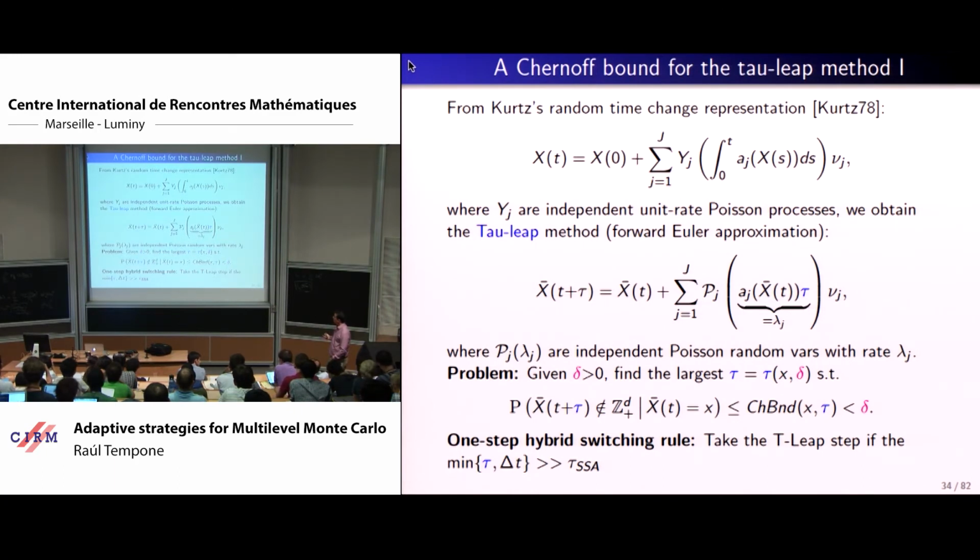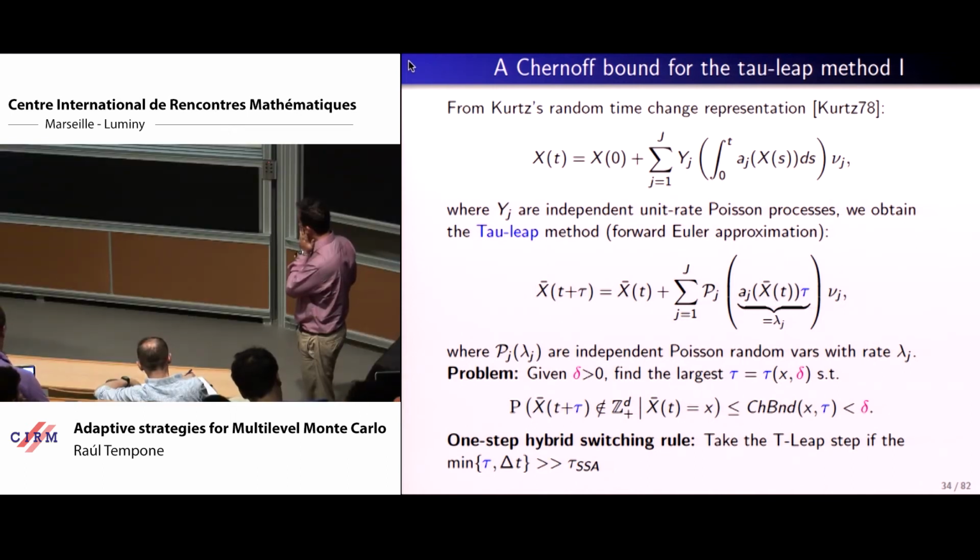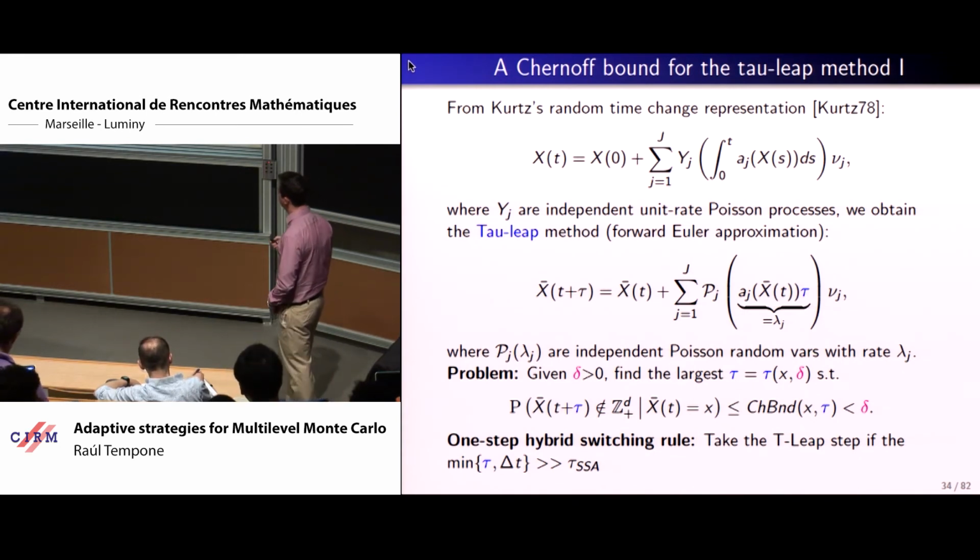Okay, so to simplify this, when you want to do approximations, you just do an Euler method. Essentially, you freeze the value of a at the left point and approximate this increment by a Poisson random variable with intensity a_j times delta t, if you wish. And the first time they wrote it, they put tau here, and this is why they call it the tau leap method.